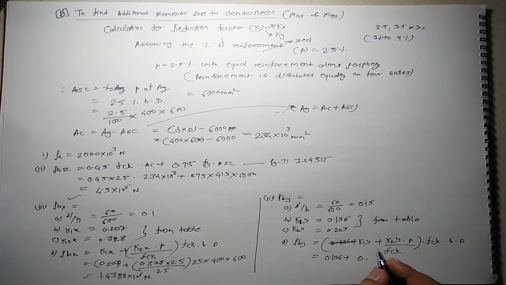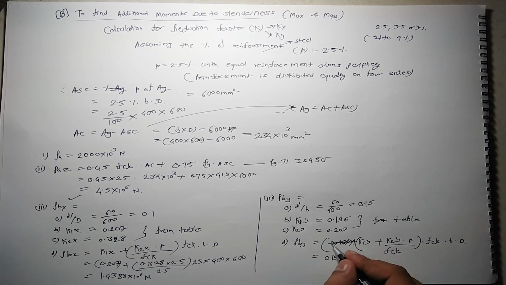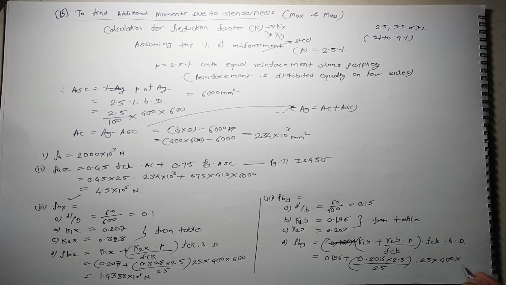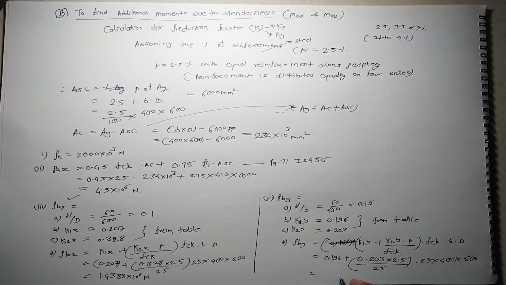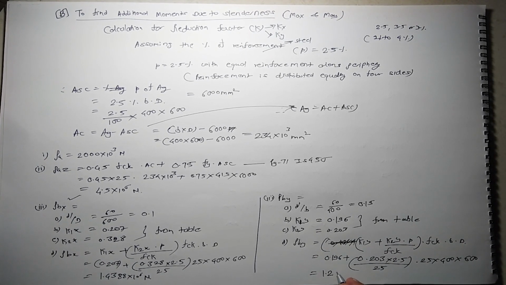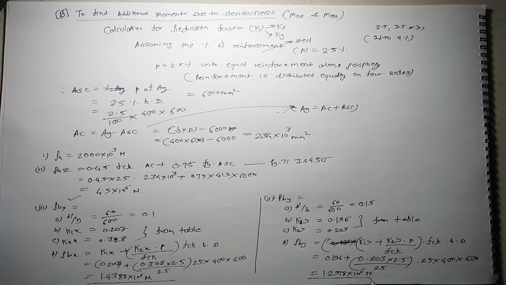You need to be very careful regarding this overwriting. So it is coming to be 1.2978 into 10 to the power 6 Newton. So here we have got this and here we have got this.